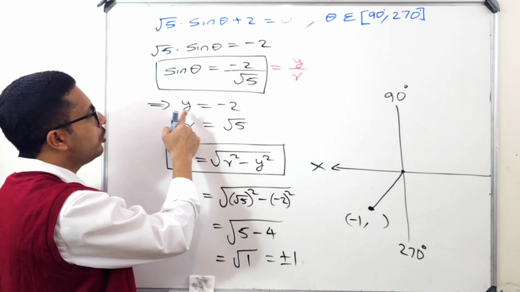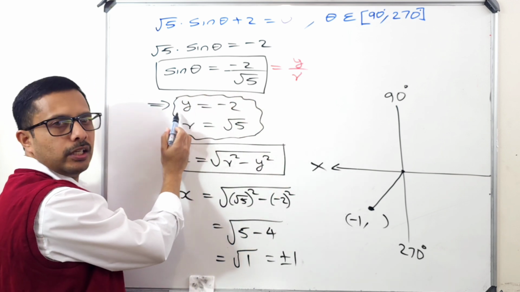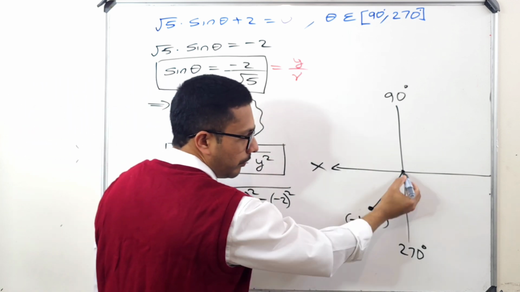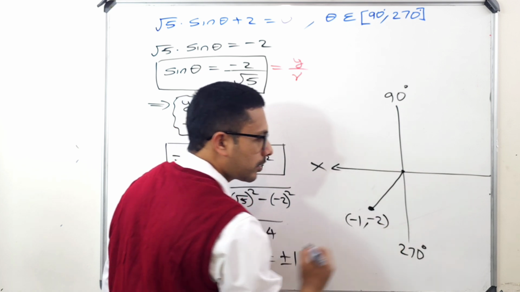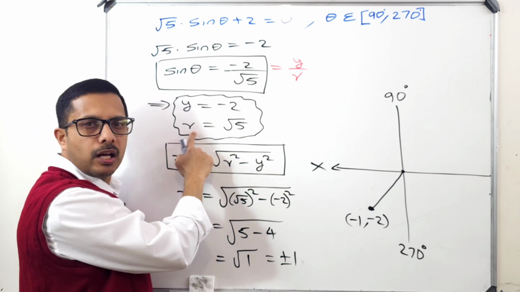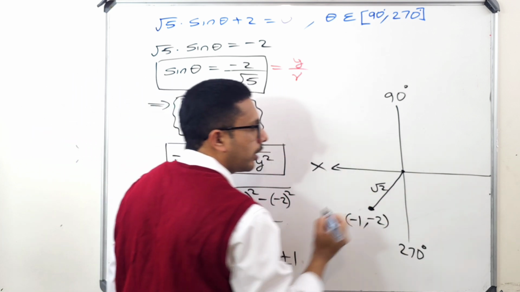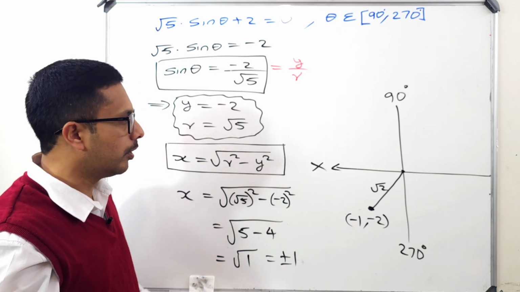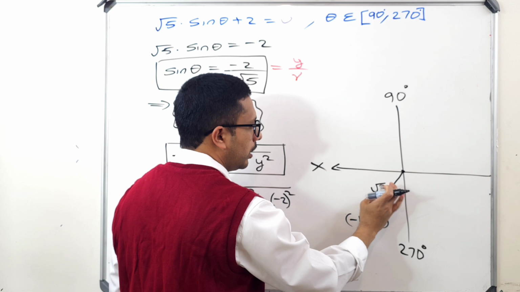And what is the y value we got? Yeah, here we got the y and r. What is y? Minus 2. Is it not the y value negative here? Am I right? Okay. So here the y value is minus 2. And what is the r value? Square root of 5. So r stands for the hypotenuse. We can write it here. Square root of 5, sorry, not square root of 2. So that's my mistake.